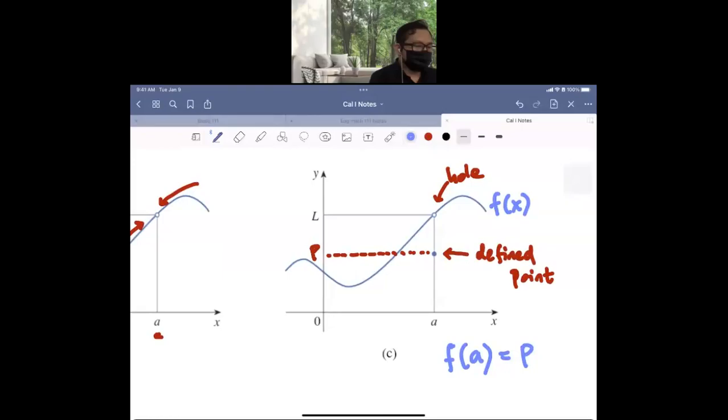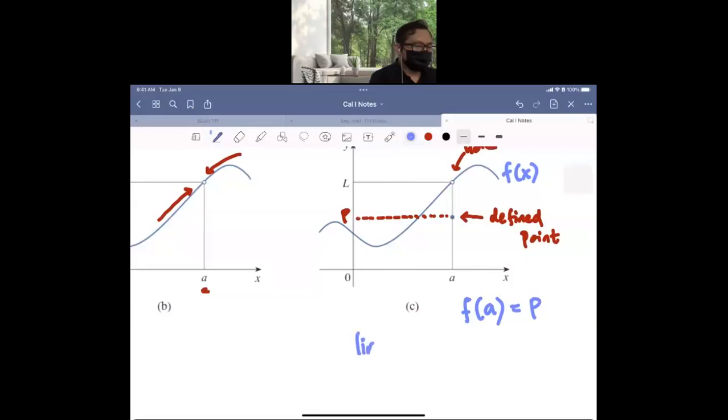But if we take the limit as x approaching a of the function f of x, what is the value? L. Okay? It's L. So this can also happen.